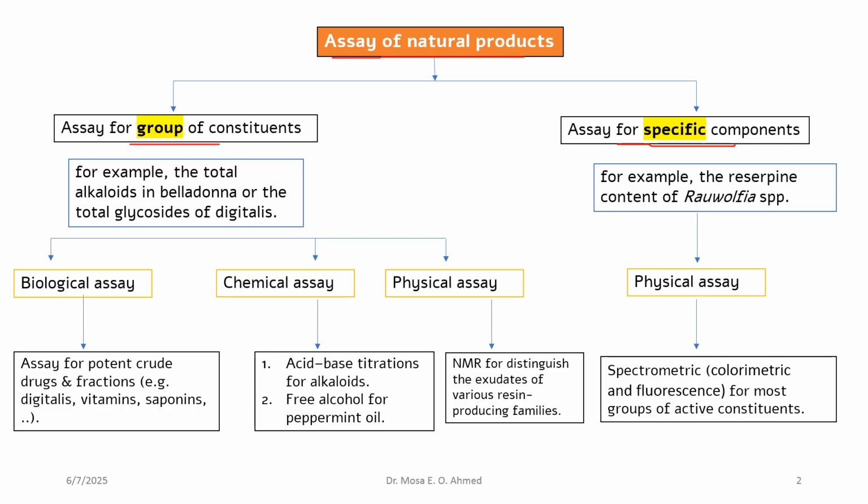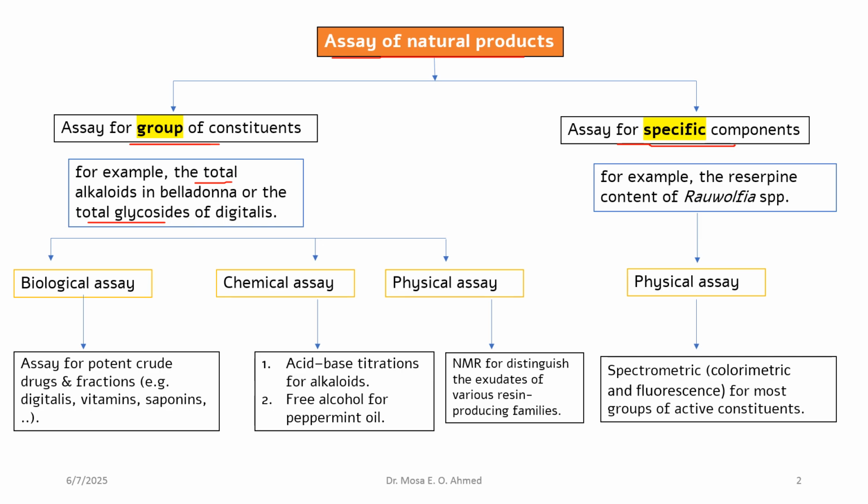Assay of group of constituent or assay of total constituent we discussed in detail in the lecture about quantitative determination of active ingredient. For example, determination of total alkaloids in their natural sources such as belladonna, or determination of total glycosides in digitalis, for example.